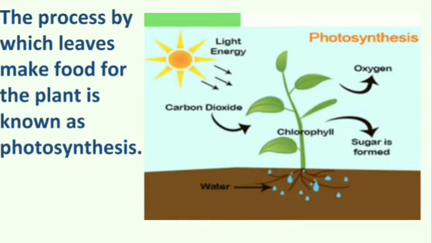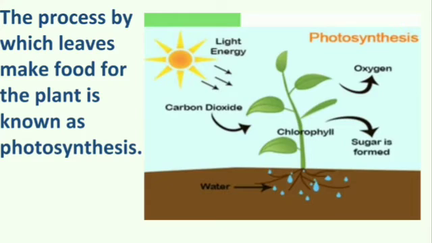Students, you will understand this process by this diagram very well. As you can see, there's a plant and there's a green pigment called chlorophyll in the plant. As you can see, the light energy is coming from the sun and carbon dioxide from air. Water is coming from the soil. Through the soil, it is passing on to the stem, and through the stem, it goes to the leaves.